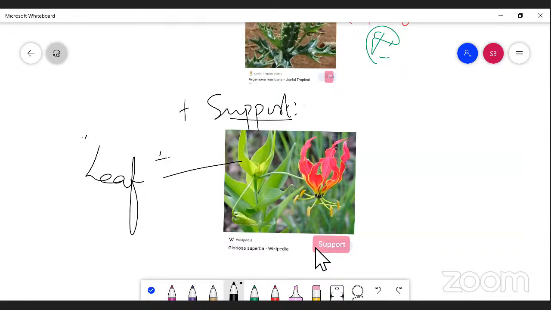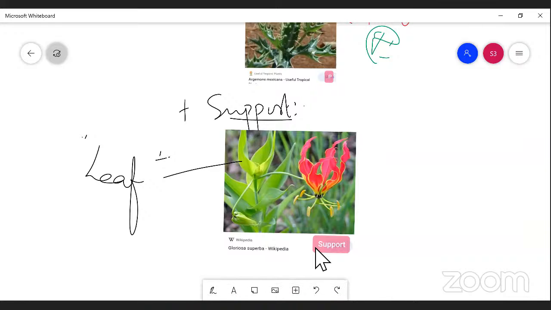When the flower is freely hanging, in order to prevent falling, the leaf has to be supportive in nature. That is the nature of Gloriosa superba. Which of the following plants is an example for supportive leaf? If it is asked, you got it right, Gloriosa superba.